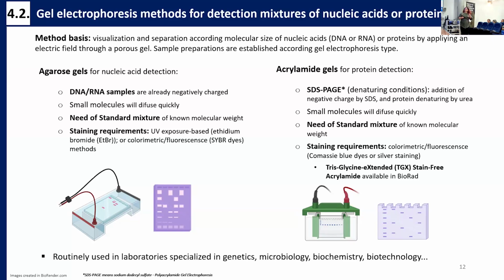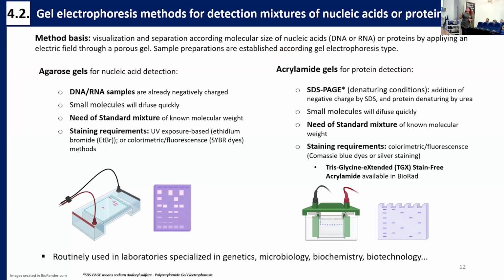There are different operation modes also of this gel electrophoresis, but we have to take into account that when we want to analyze nucleic acids, we will use gels made of agarose, and when we want to analyze proteins, we will use acrylamide gels.